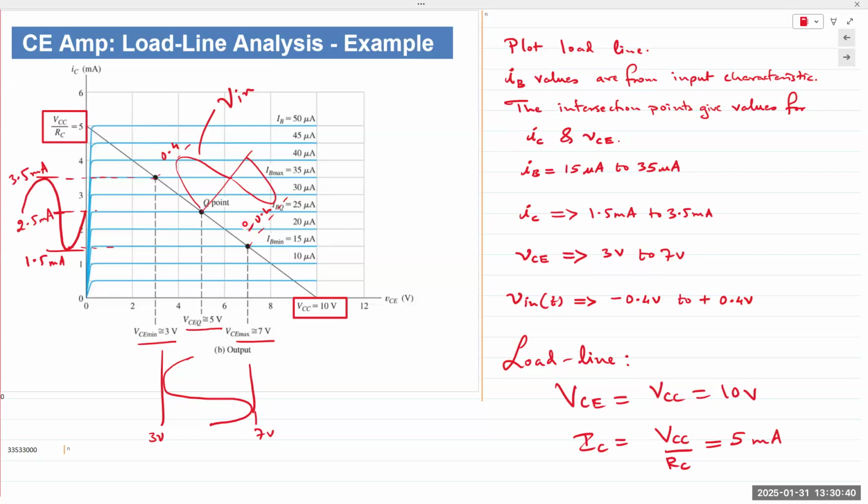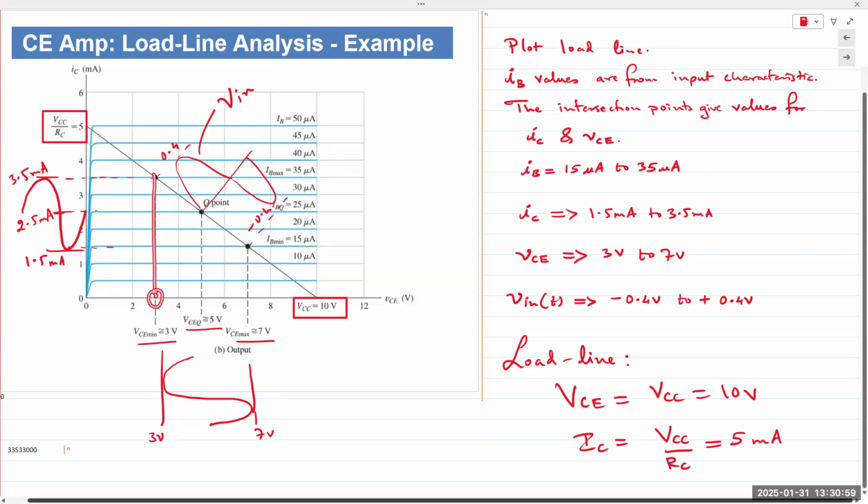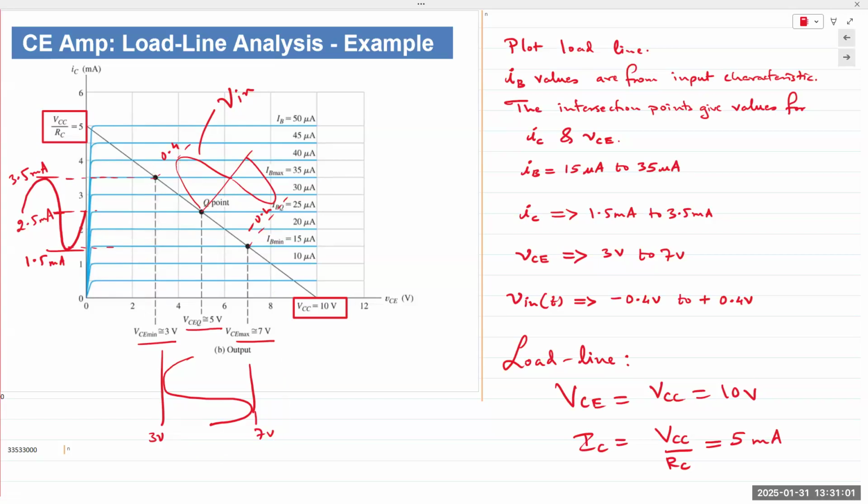But now if you look at the x-axis coordinates of these intersection points, what do you see? The maximum value of V in results in the minimum value of VCE, which is 3 volts.